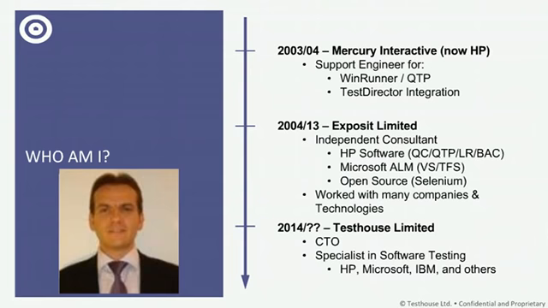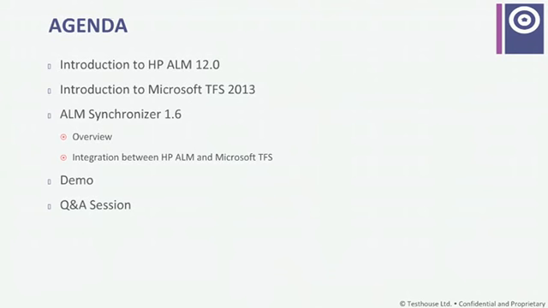During nearly 10 years, I worked with a lot of companies, FTSE companies and small companies of all sizes, and had the opportunity to work with many different technologies. Recently, just at the beginning of this year, I joined Test House Limited as a CTO, and I still work with different products because I'm a specialist with HP, Microsoft, IBM, and many others. So that was a brief introduction about myself.